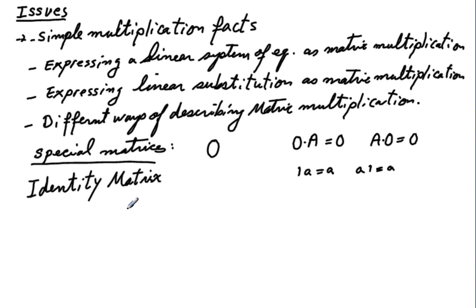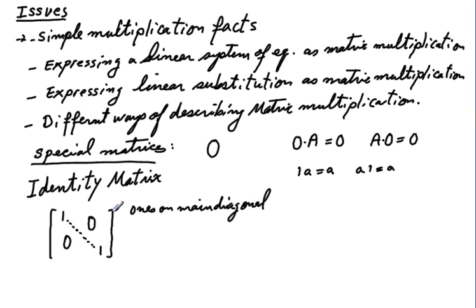So what is the identity matrix? Anybody has any guess? It has ones on the so-called diagonal, and everywhere else is 0. So to indicate that, we write it like this. We have ones on the so-called main diagonal.